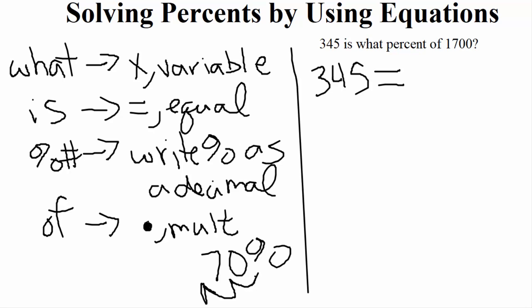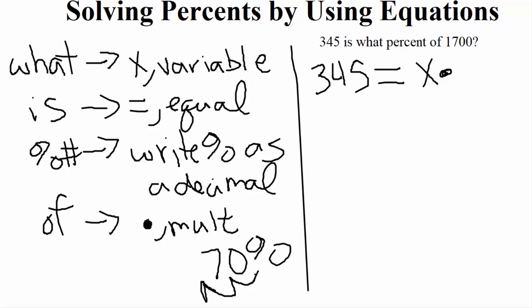Remember, that's going to be our variable, so that equals x. Next thing we have is the word of, so that means to multiply. All right, so I'm going to put my multiplication symbol here. And the next thing we have is 1,700, so just drop that down, no special meaning there. So the equation we have here is 345 is equal to x times 1,700.